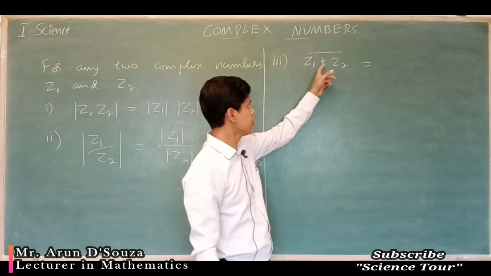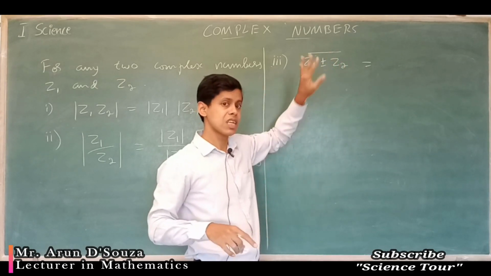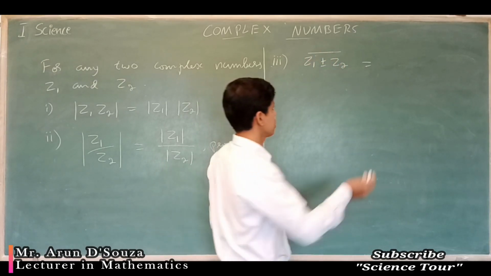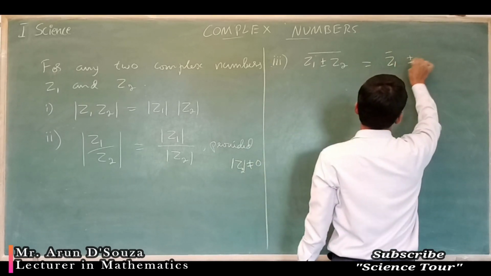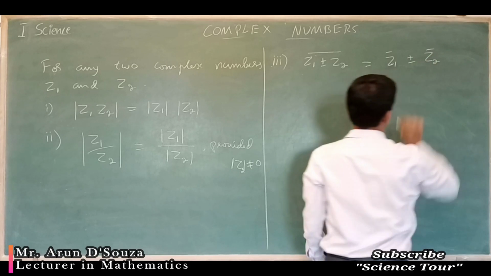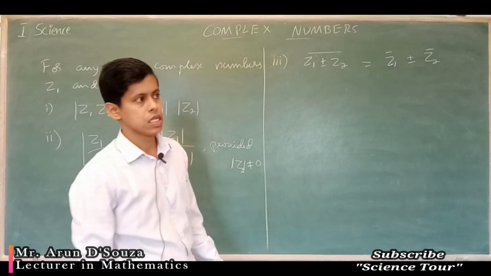This is Z1 plus Z2 or Z1 minus Z2, whole conjugate. So two formulas are written in one sentence. Okay. So this is equal to Z1 bar plus or minus Z2 bar. So we can find their conjugates separately.